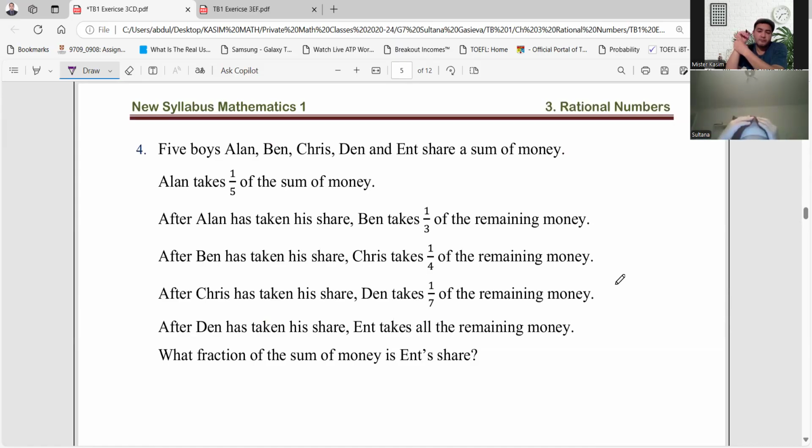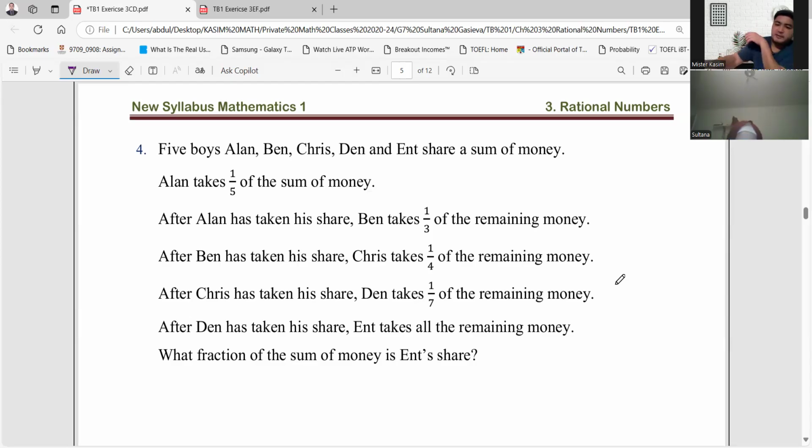After Ben has taken his share, Chris takes 1/4 of the remaining money. After Chris has taken his share, Dan takes 1/7 of the remaining money. After Dan has taken his share, Ent takes all the remaining money. What fraction of the sum of money is Ent's share?